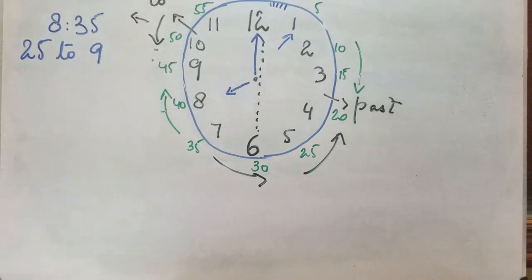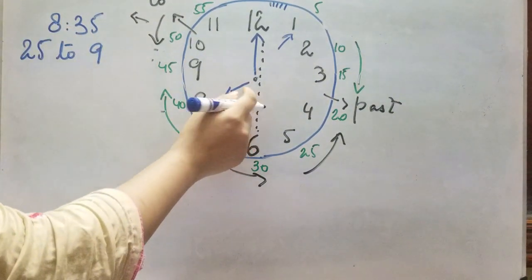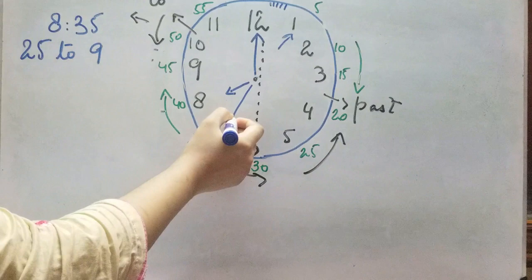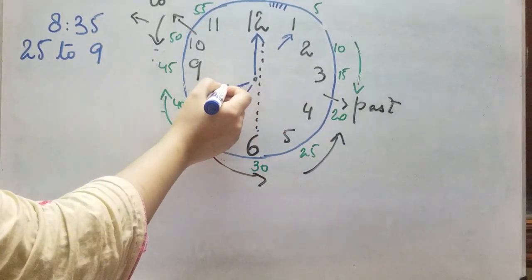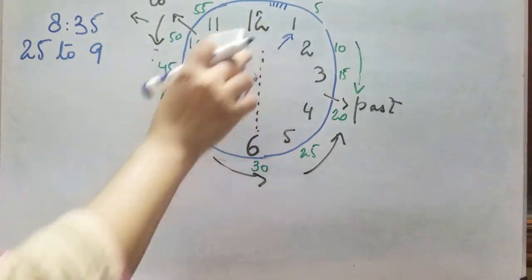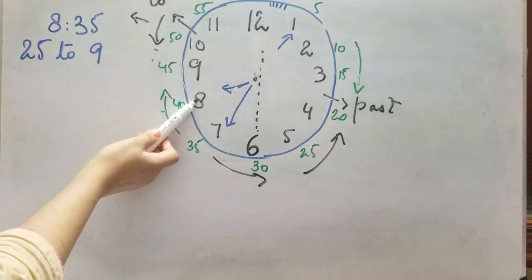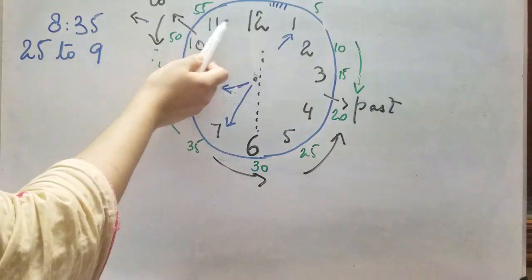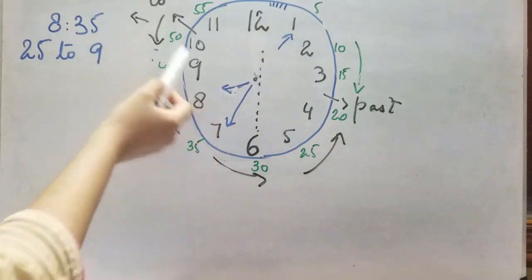That means, count from here, it's pointing to 8:35, that means your minute hand is over here. I'll write it over here and this will go in between. Since it is 8:35, let me rub out this part. Now it's more clear to you. See how many minutes are left from here. See this, 5, 10, 15, 20, 25. 25 minutes are left to 9.